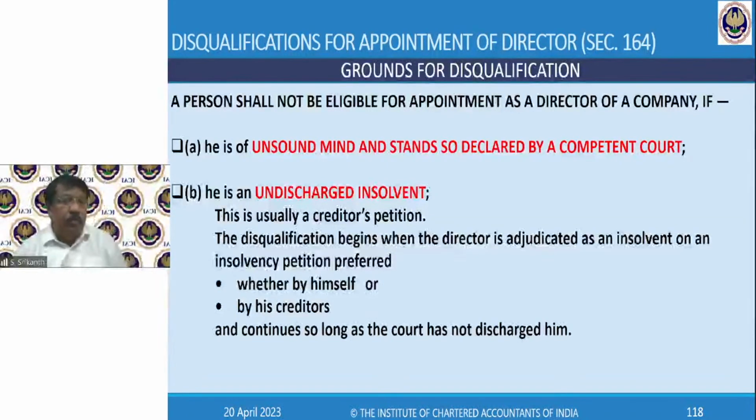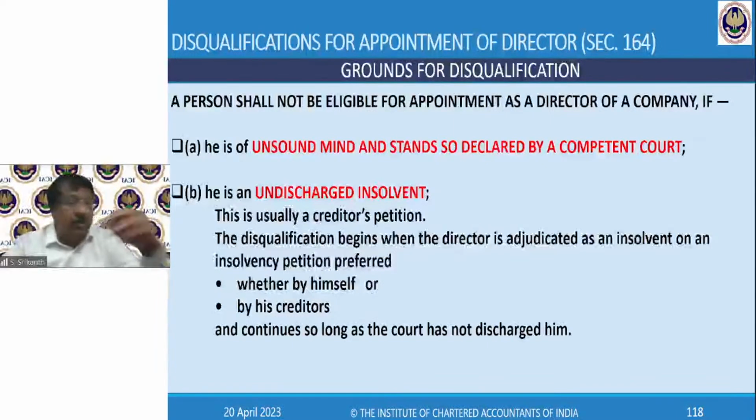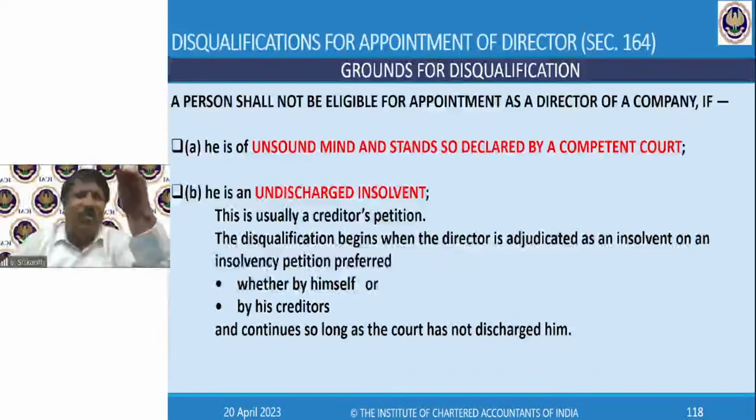Very important: the question before the court should be whether he is of sound mind or not. This will happen where a person becomes senile. There is something called senile dementia. As people become older, their forgetfulness will come, memory loss will happen, intermittent amnesia will be there.